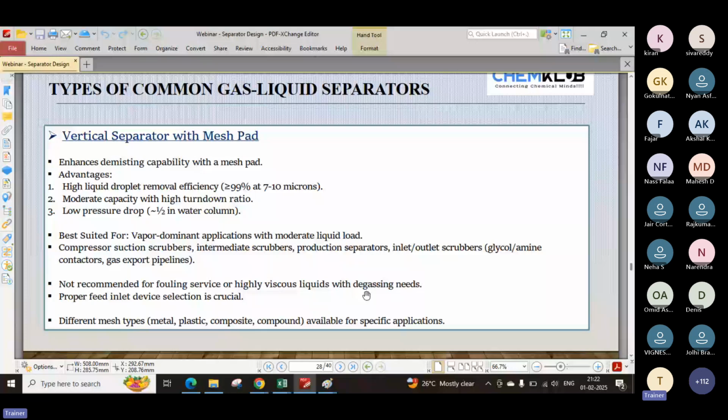So there is a chance that, rather than separation, liquid droplets may be carried over to the next section or the next level of equipment without any separation.